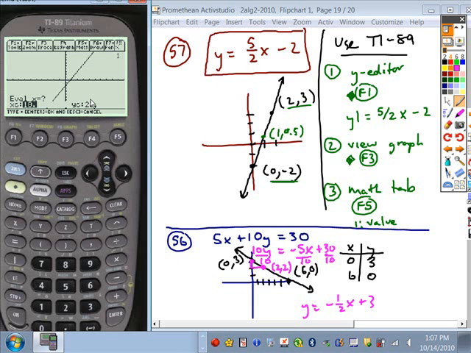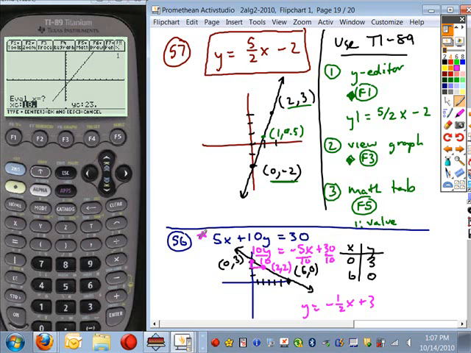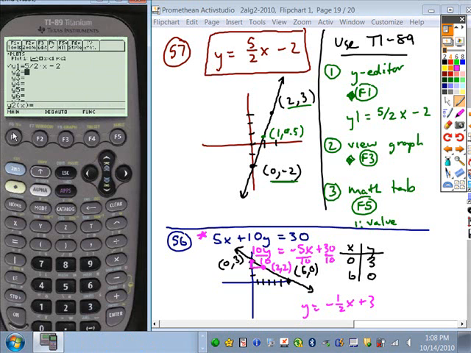All right, let's say you wanted to solve this type of equation by using your calculators. Any ideas on how you would do that? Okay, from the y editor, when you're entering equations in y-editor, you have to have slope-intercept form, or you have to solve for y. And so you can't graph this equation as it is.